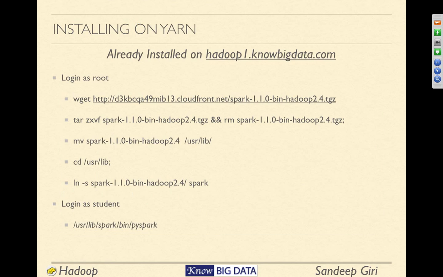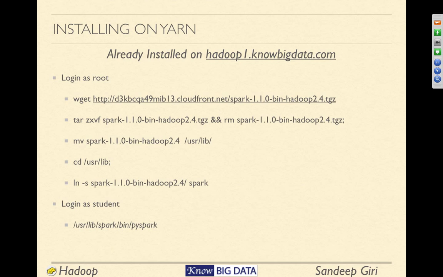So that's the ecosystem. If you want to install on your own cluster, you can use these steps. Since we are using CentOS and Hortonworks, the Spark developers give us a specifically built library for Hortonworks and CentOS 64-bit.